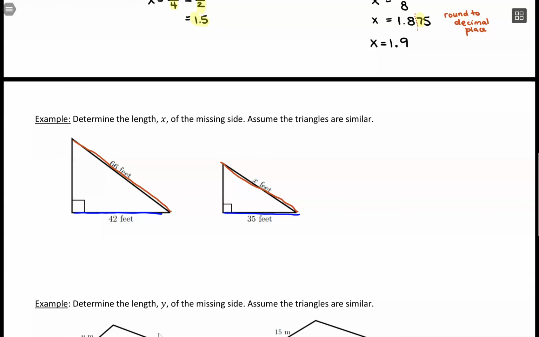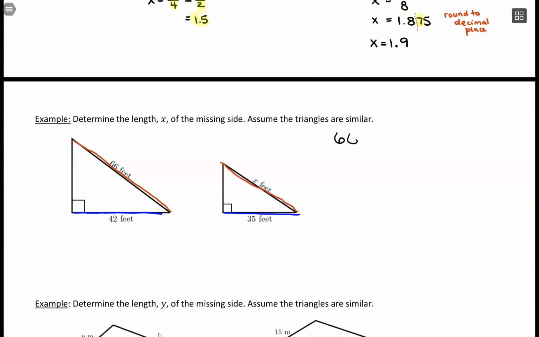So now I just need to create my ratios, and there's probably about 4 different ways to do this, and you just need to choose some pairs. So no matter what, I need 66 and x to go together. It doesn't matter if it's 66 over x or x over 66.